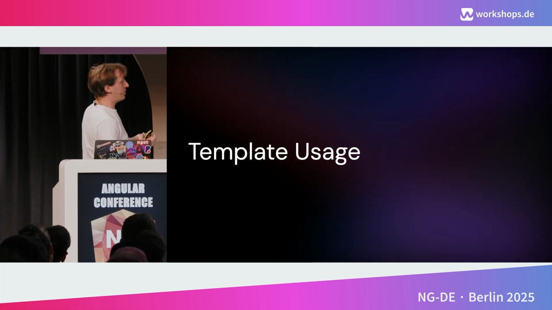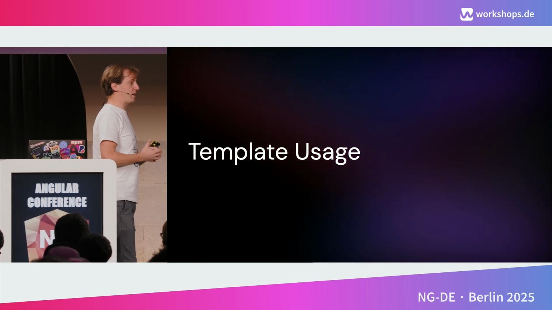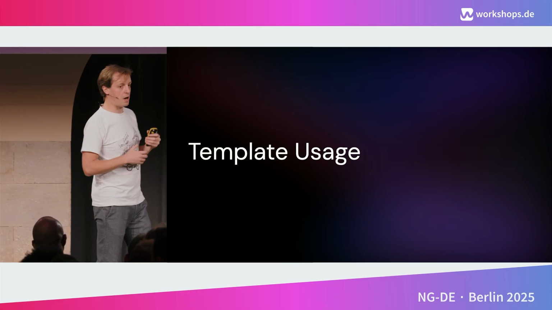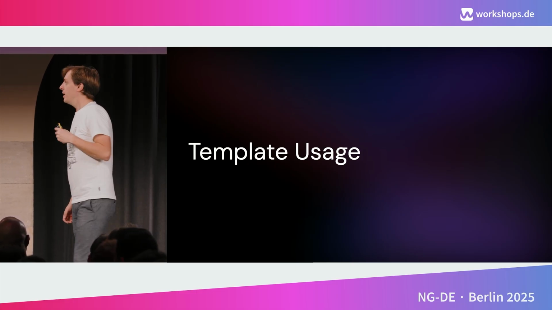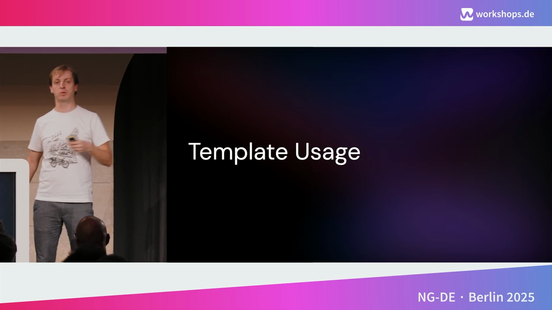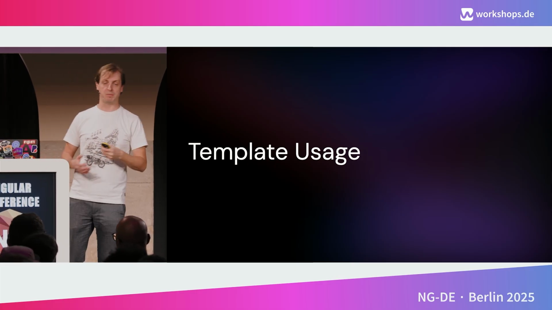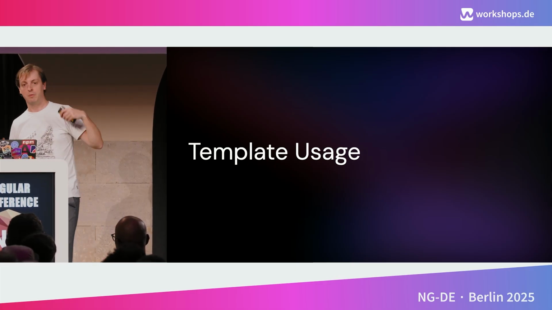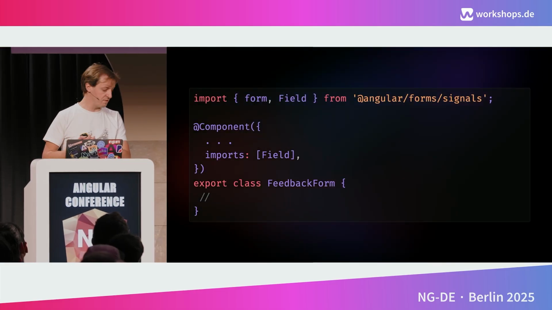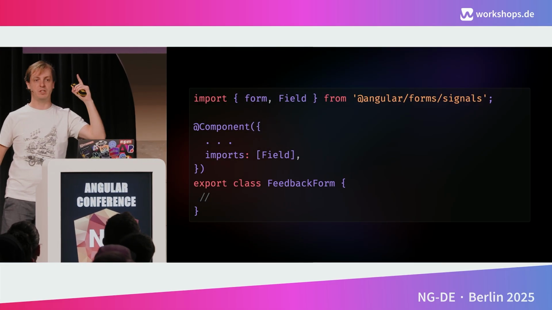So now that we've seen a bit of the TypeScript side of the signal forms, we'll see how we use them in templates. You might remember that with reactive forms, you have to import the modules. With template-driven forms, you have to import the modules. With signal forms, we went with something that's way simpler. We have just one single directive.